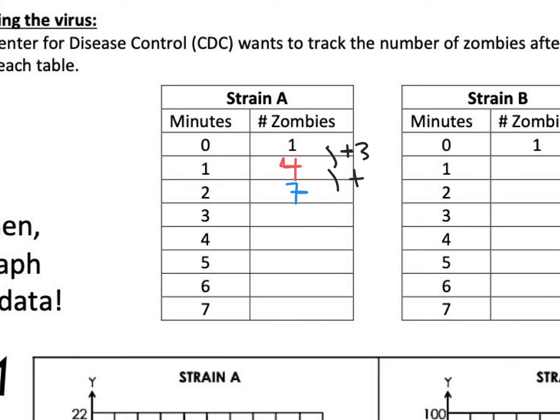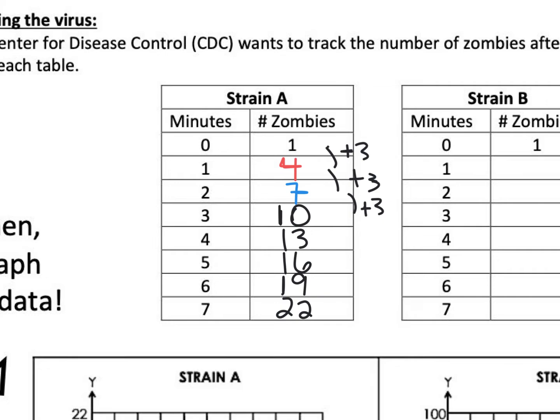So if we continued that pattern, how many would we have after 3 minutes? 10. Keep going. 13, 16, 19, and 22.